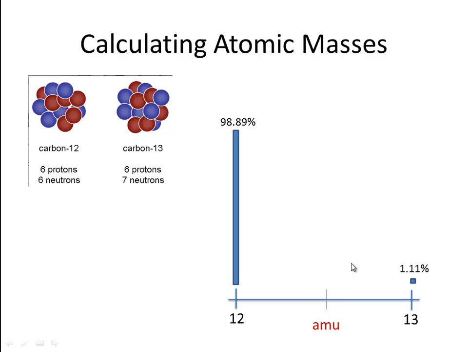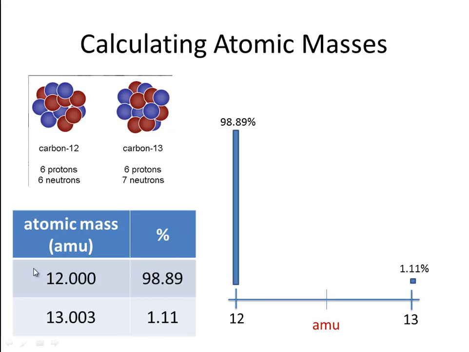And so now we have all the information we need to calculate the average atomic mass, right? So let's do that. So here's the data in table form, and what I'd like you to do is push pause and see if you can use the example from the last slide and calculate the average atomic mass.